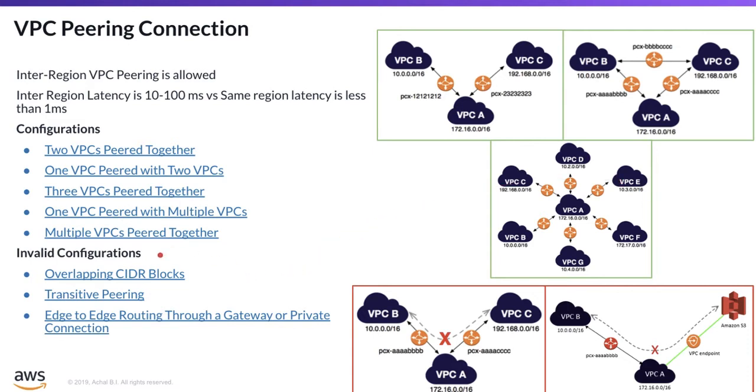So some of the invalid configurations are that there should not be overlap in the CIDR range, and there cannot be a transitive peering. Transitive peering is where VPC-B cannot directly contact VPC-C if it doesn't have an exclusive connection.